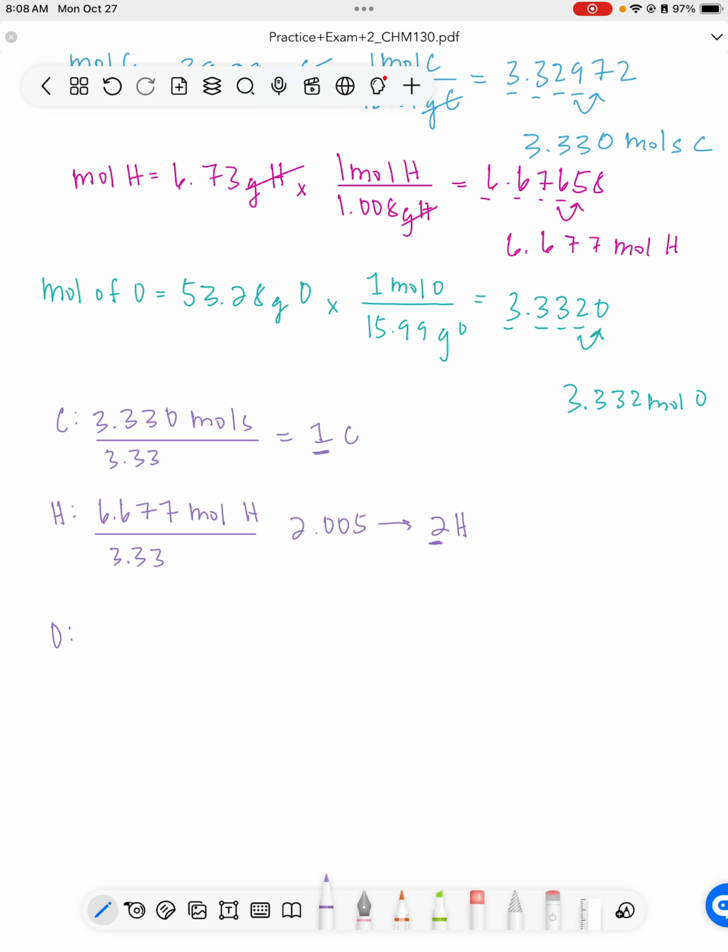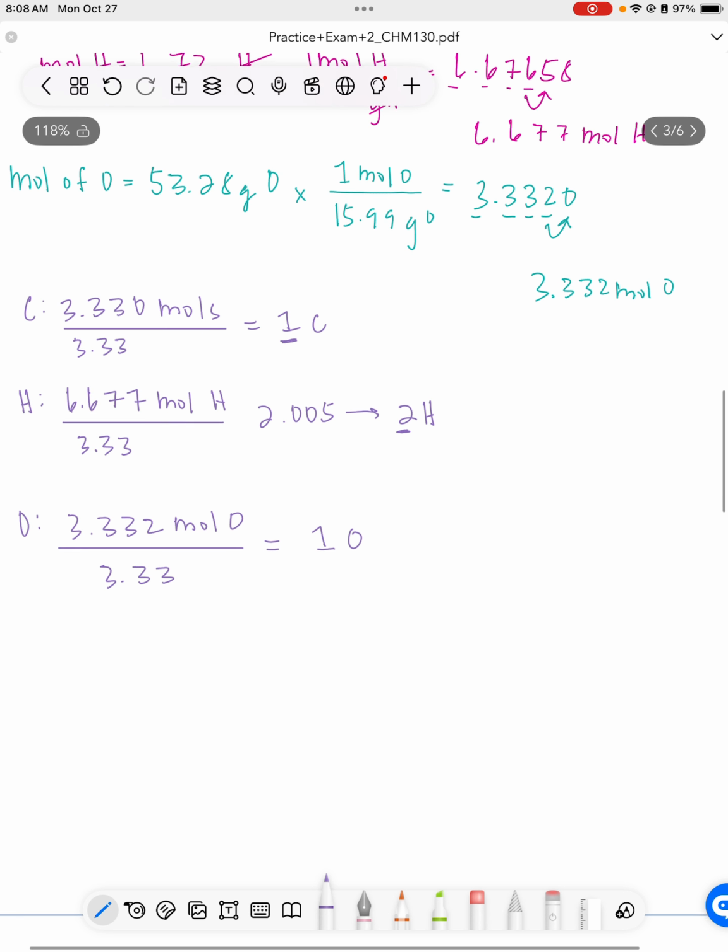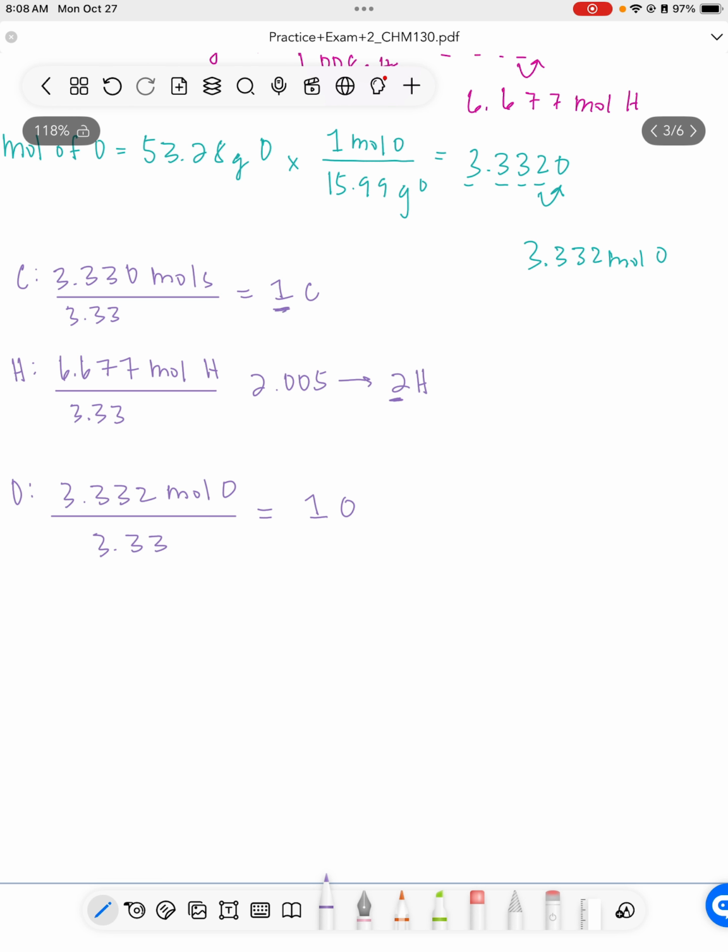And then last but not least is 3.332 moles of oxygen divided by, and I'm not even going to use the calculator, I'm just going to say that that is 1 oxygen. And so our empirical formula, we just take these numbers we just found and we put them as our subscripts.